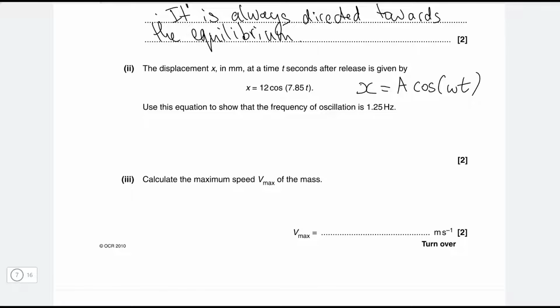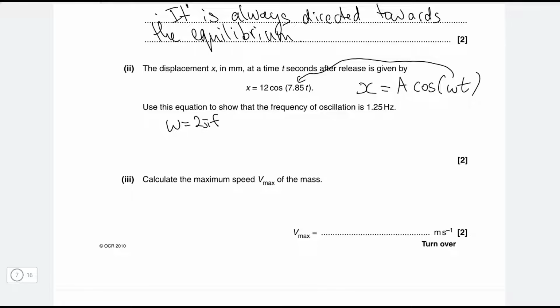One of the equations for simple harmonic motion for the displacement is that x is equal to A cosine omega t. So we know that our amplitude is going to be 12, and we know that omega, our angular frequency, will be 7.85. Now we know that omega is 2 pi f.